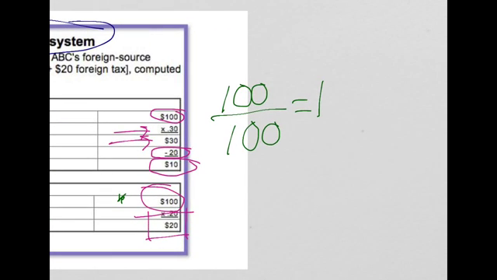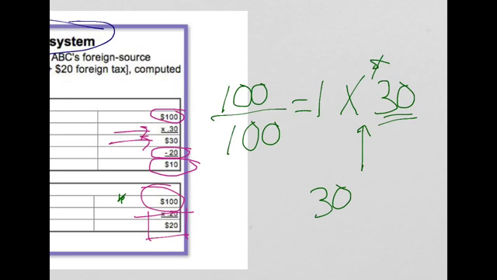So the total amount of tax paid in the U.S. is 30, where that's the total tax liability. So in this case, the total foreign tax credit could have been $30, but the only amount of tax actually paid, and this is a good example, the only real foreign tax paid, is the 20.